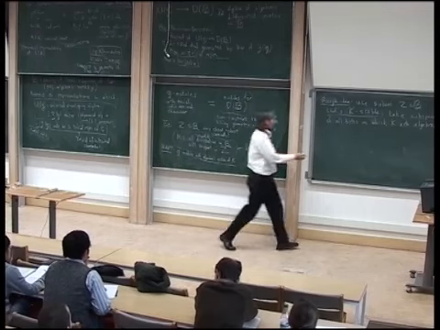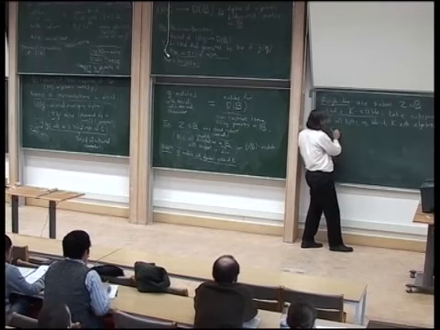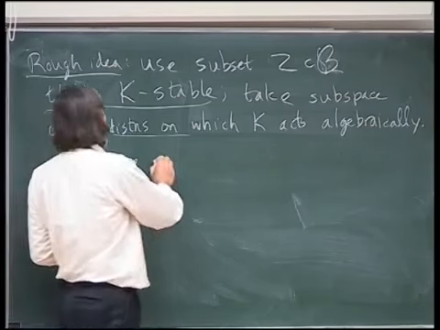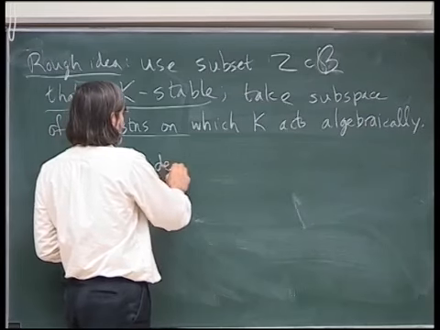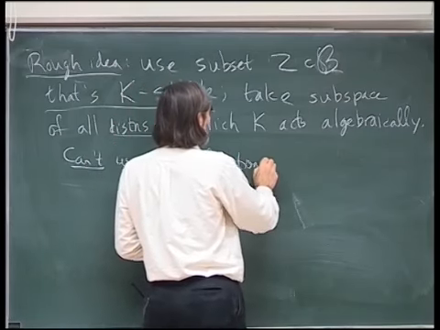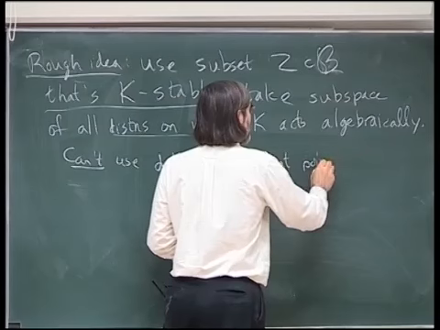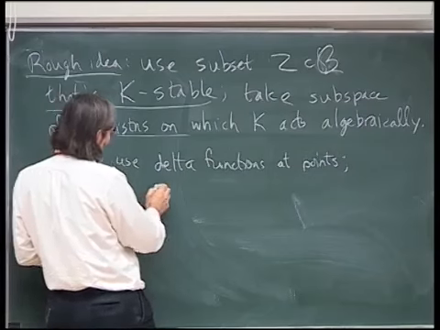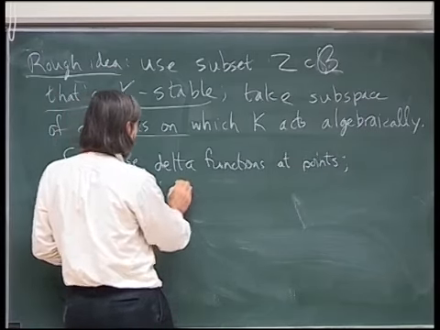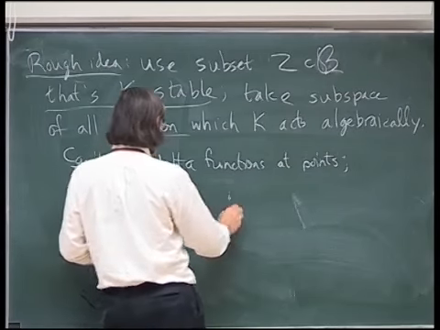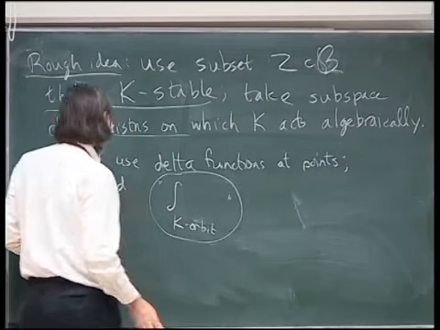So what this means is you end up not being allowed to use things like delta functions at points. You need something more like an integral over a K orbit, a distribution that looks like that.